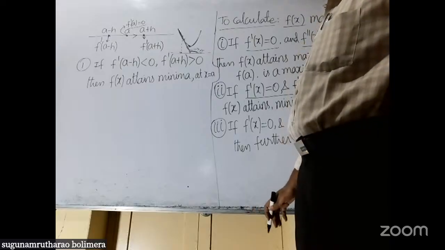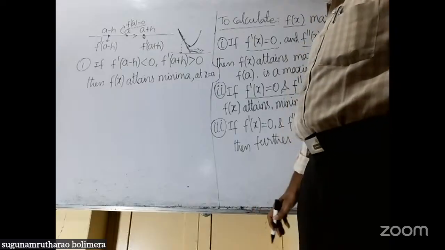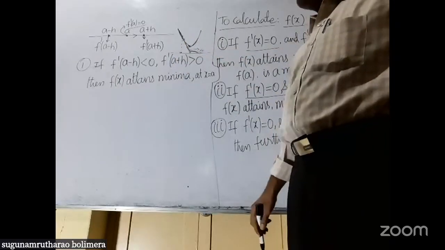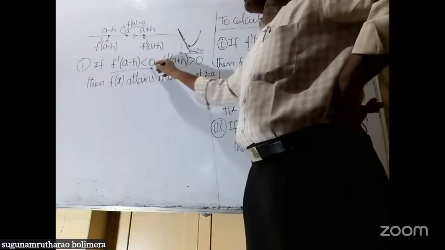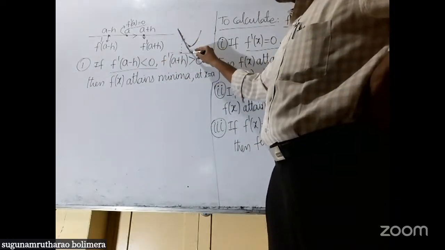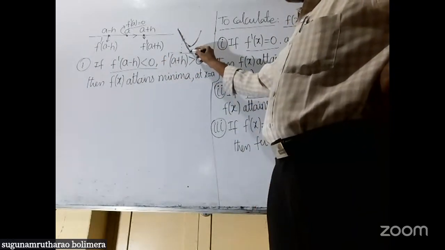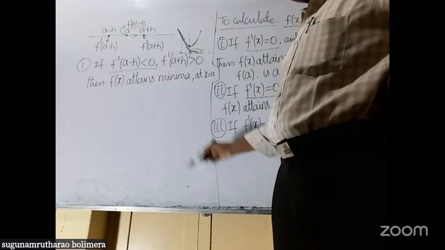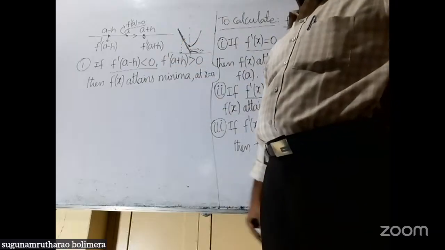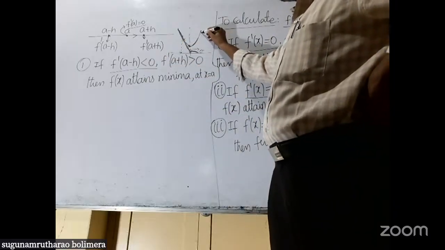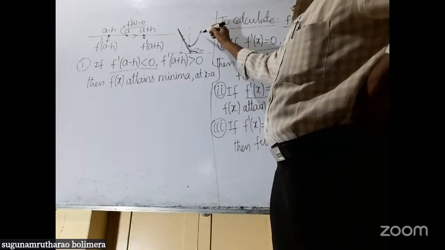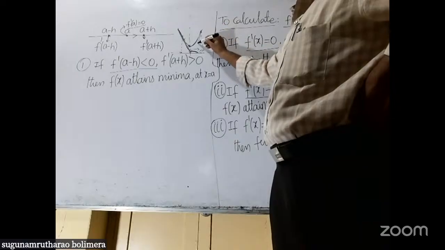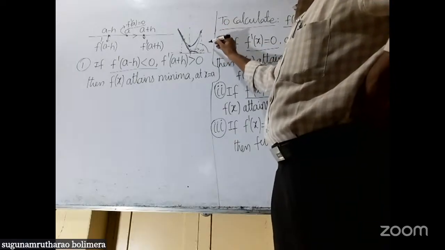Obtuse means in the second quadrant, tan is negative. So it is changing from negative. The angle theta is more than 90 degrees, therefore tan theta will be negative. And this is a plus h. If you draw a tangent here, the angle is theta 1.